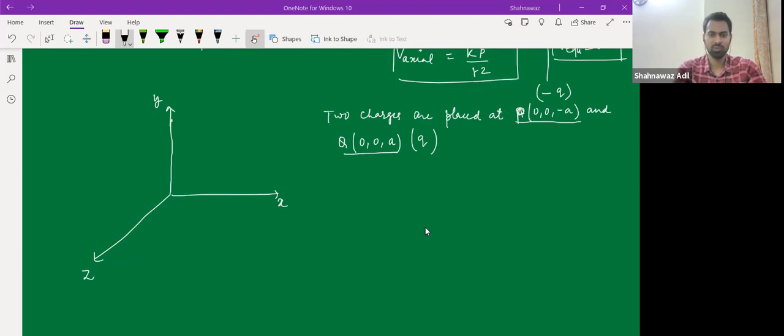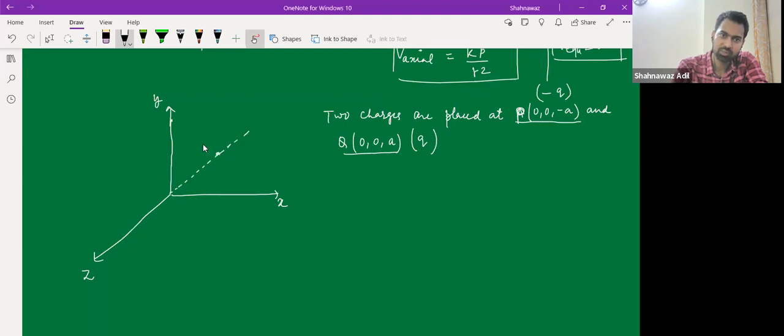Yes, Mariam, you are right. Right is X, so left would be minus X. Outward is Z, so inward would be minus Z. So this (0, 0, -a) will lie inward, right?